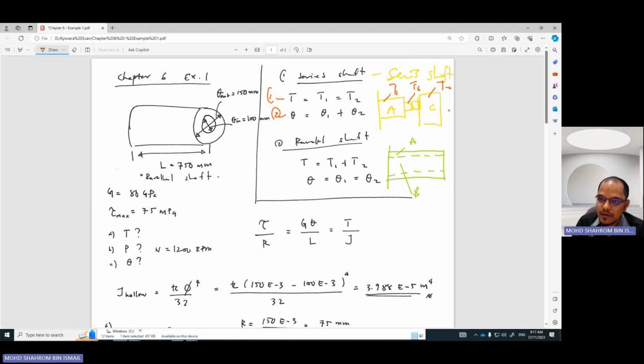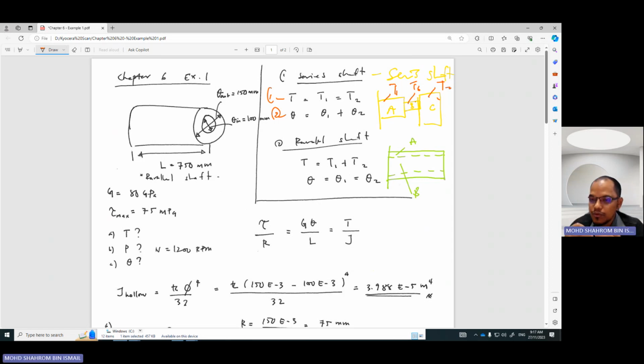Bila dipusingkan dekat sini ke atau dekat sini ke, angle of twist is expected to be sama. Bertambah. Ni bertambah. Okay, angle of twist dia bertambah. So, dia makin mencapah lah. From point A, maybe 5 degrees or 5 radian. Point B, it might going to increase to 8 radians. And point C, dia pergi kepada 10 radian.